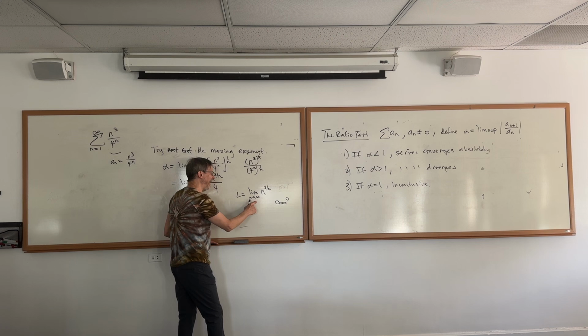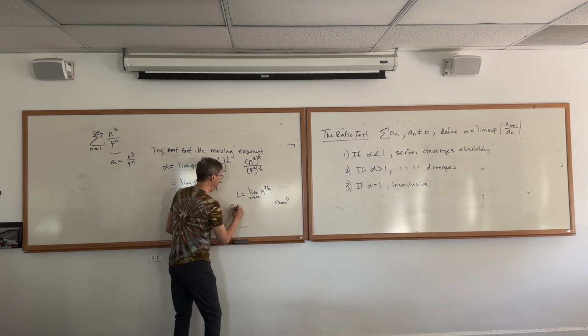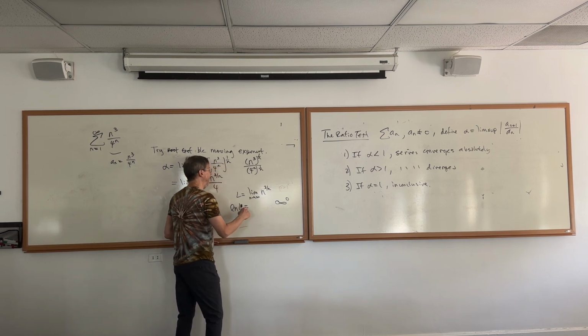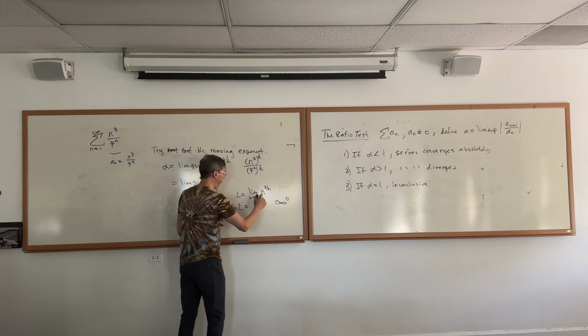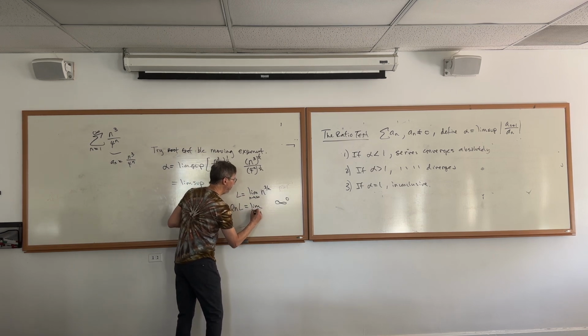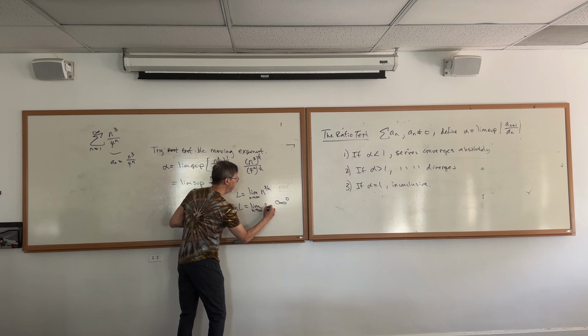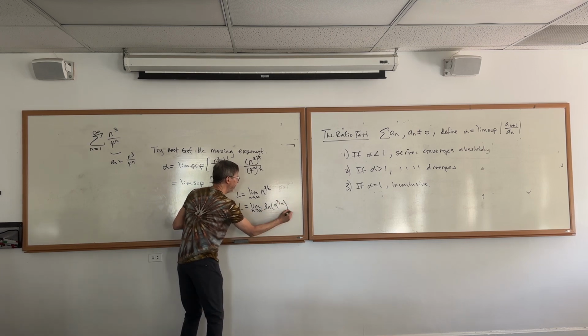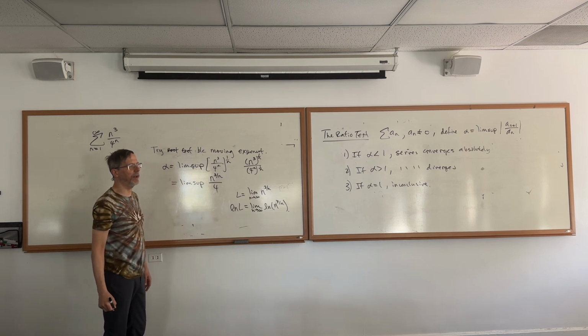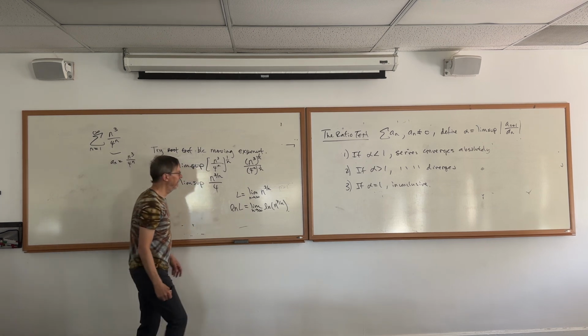So we're going to call that L. I'm going to take the natural log of both sides. And I'm going to do a funky move where I pass the natural log inside the limit. I think it's good to see this because it's probably been a long time.